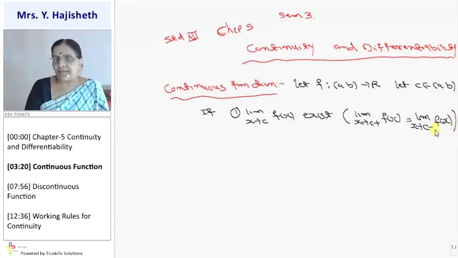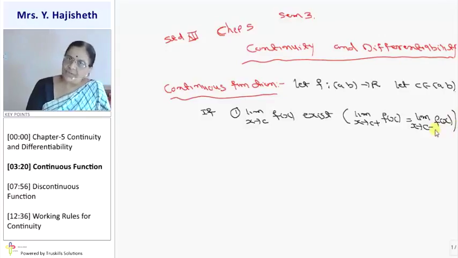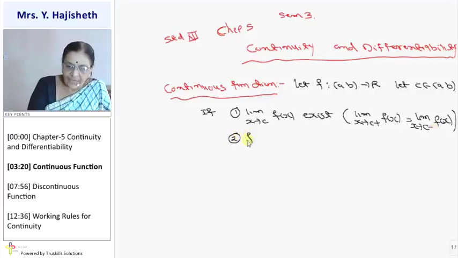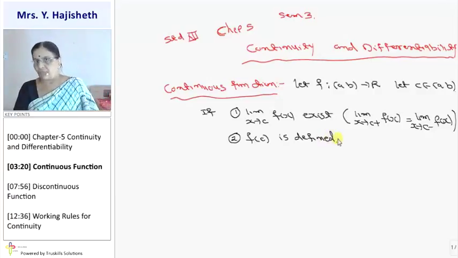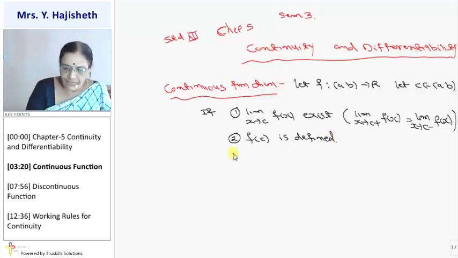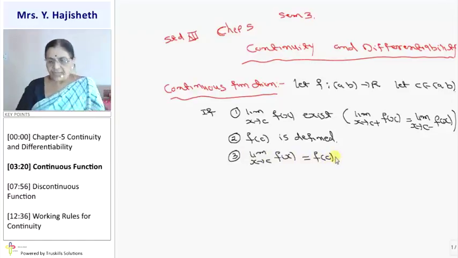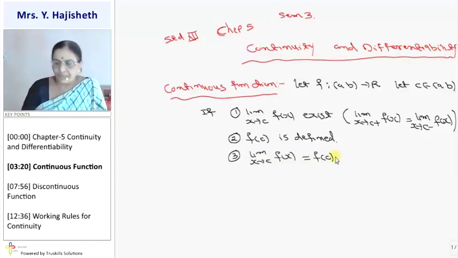Then we can say that the limit exists. Second condition, f(c) is defined, meaning the value of f(c) is defined, it is not of the form something upon zero. And third, limit x tends to c of f(x) and f(c) both are equal.